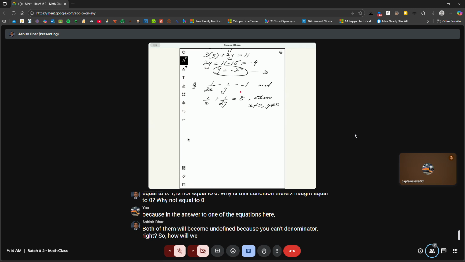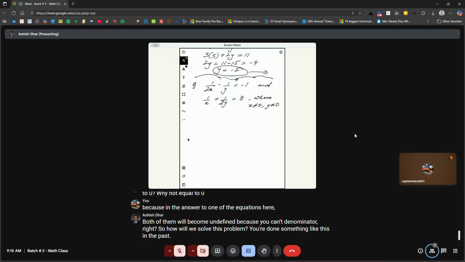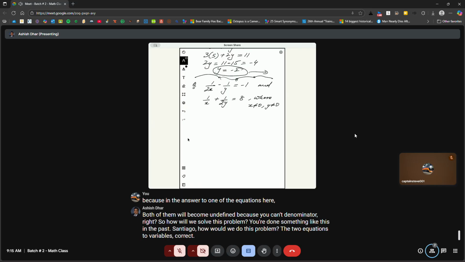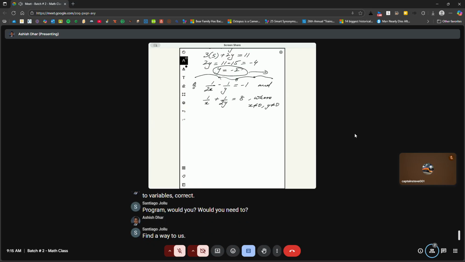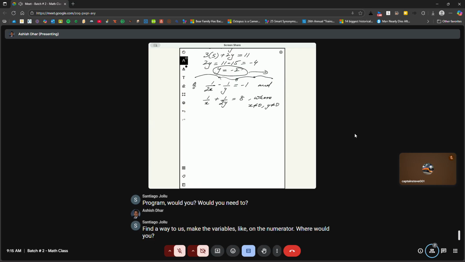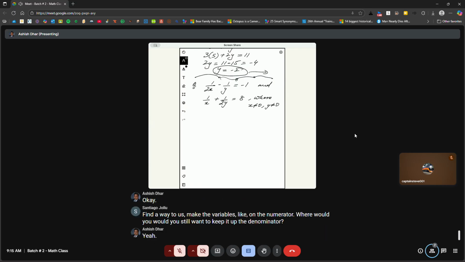So how will we solve this problem? You've done something like this in the past. Santiago, how would we do this problem? There are two equations, two variables, correct? Would you need to find a way to make the variables on the numerator, or would you still want to keep it at the denominator? Yes, correct.